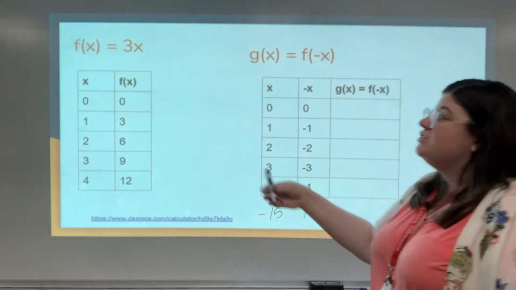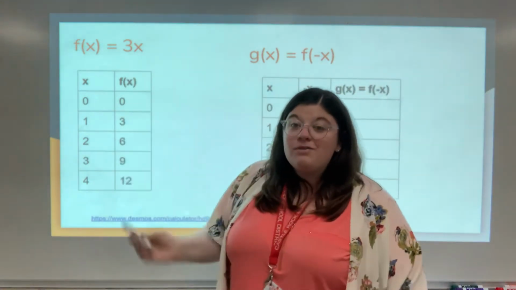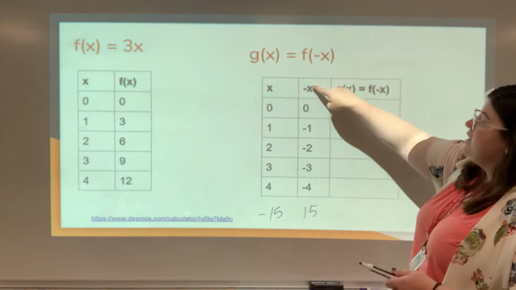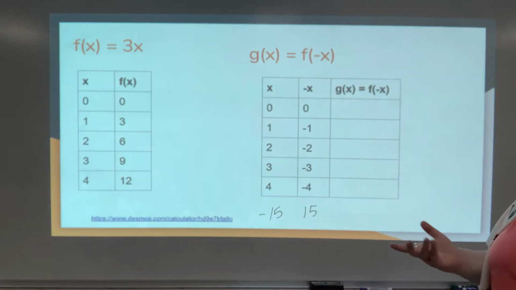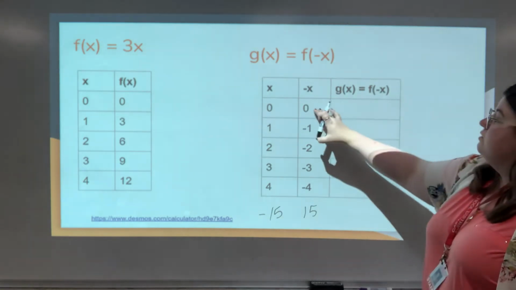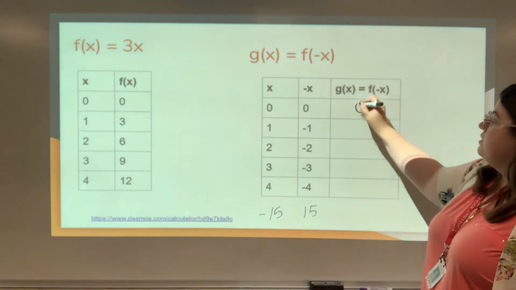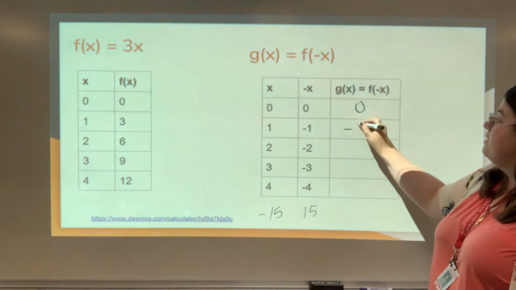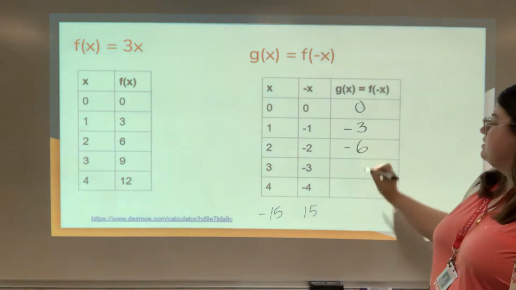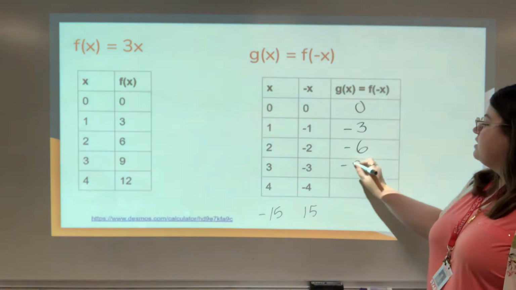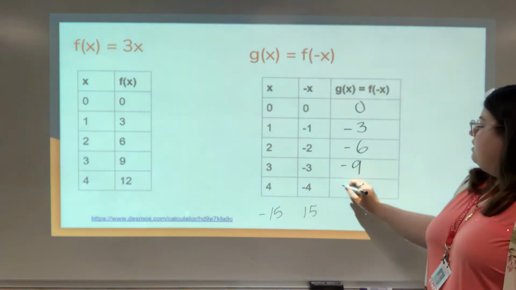Again, my original function was multiply everything by 3. So, I'm going to take these new inputs, now that I've made everything negative, I'm just going to multiply everything by 3. So, 0 times 3, still 0. Negative 1 times 3, negative 3. All right, negative 2 times 3 is negative 6. Negative 3 times 3 is negative 9. What do we got?